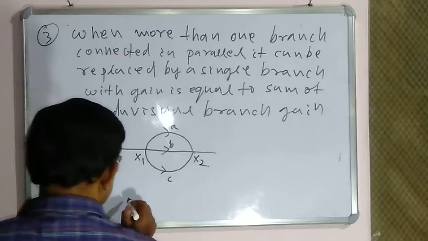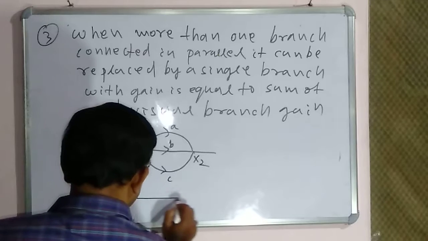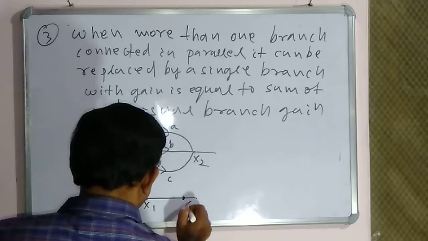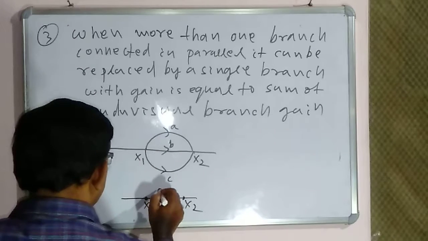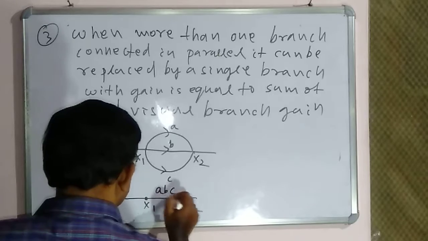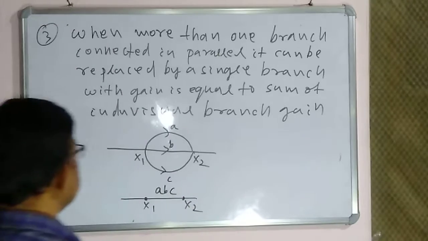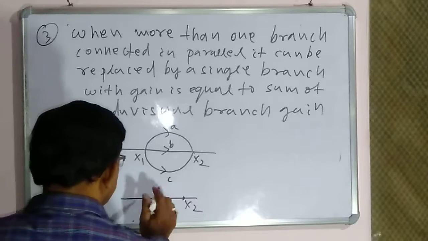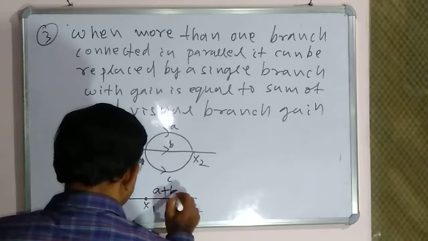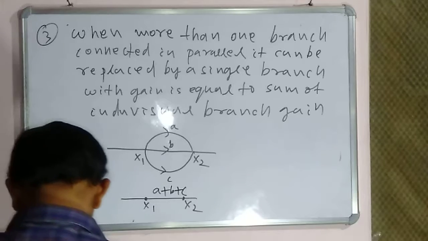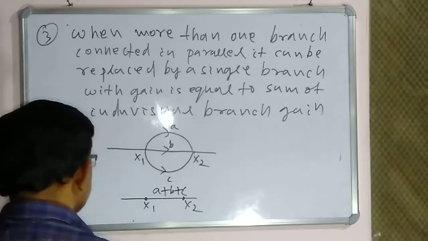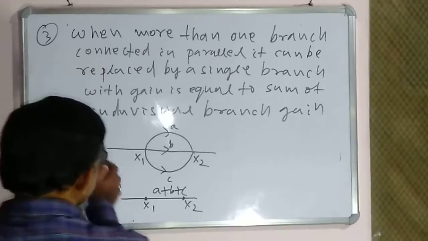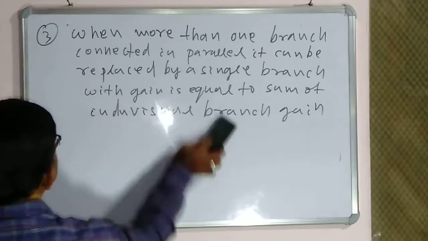Then we can replace them by a single branch from x1 to x2, where the branch gain is equal to a plus b plus c. So this is the rule for parallel branches.